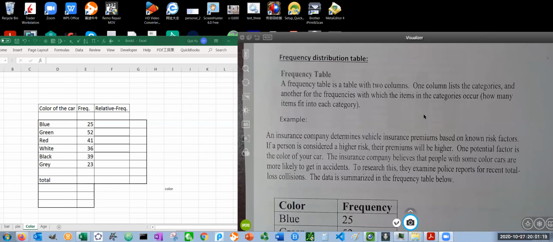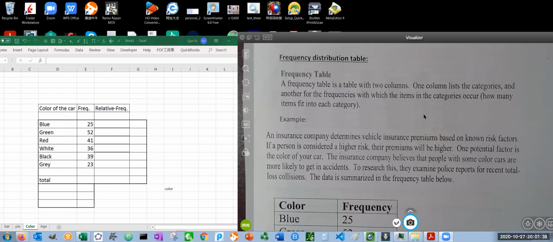There are many data points they need to collect so that they can feed them into their formulas to calculate an individual's premium. Not everybody gets the same premium. Let's continue to read this.